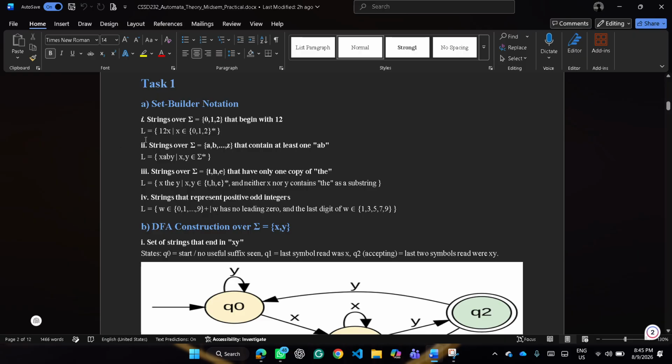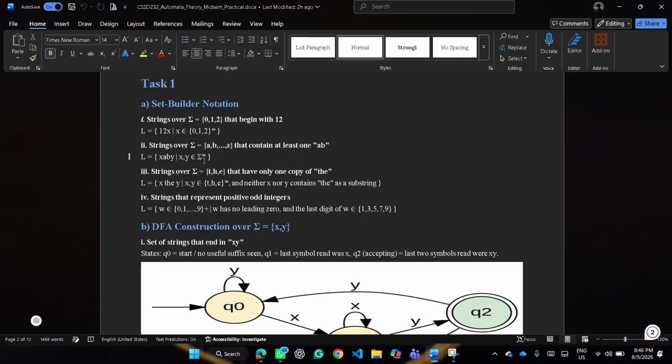For the second, strings over the alphabet A to Z that contain at least AB, I wrote L equal to xABy, where x and y are strings over the alphabet. So there can be plenty of letters before the exact pair AB, maybe in the middle or somewhere else.